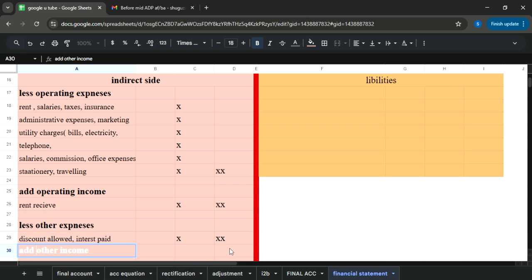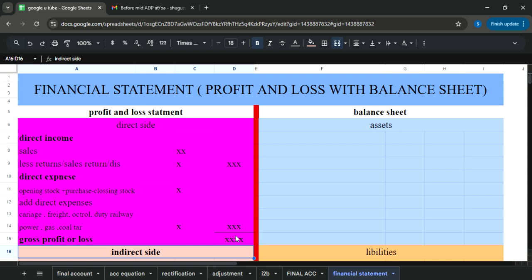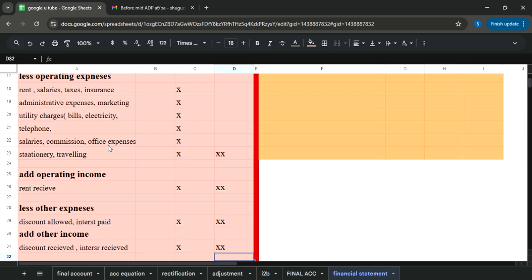So guys, the final stage has arrived. At this stage, please understand, I'm going to write it from the upper part. This is your gross profit, after which you will follow these things. You will subtract all operating expenses. You will add your operating income. Then other expenses, other income would be subtracted and added.